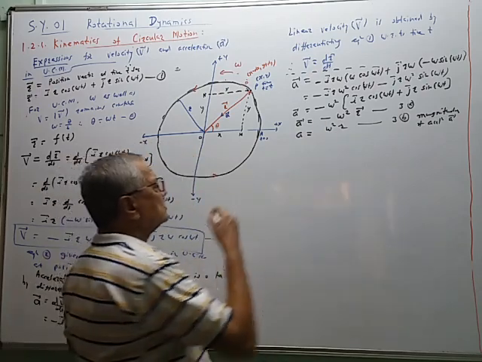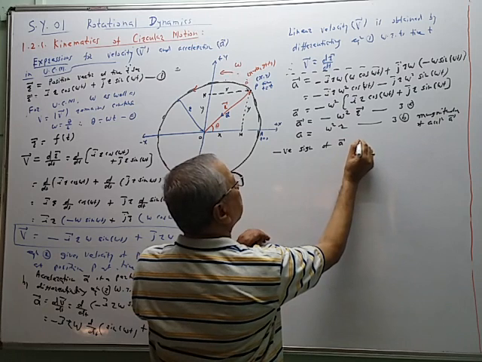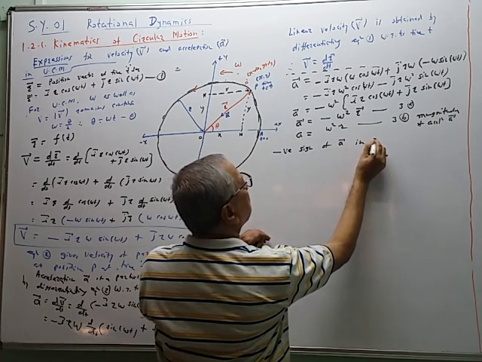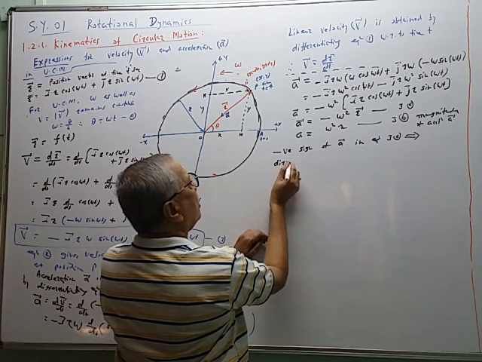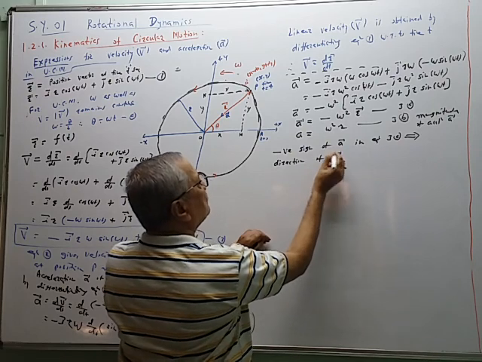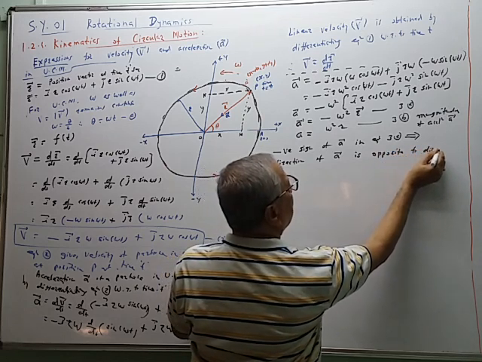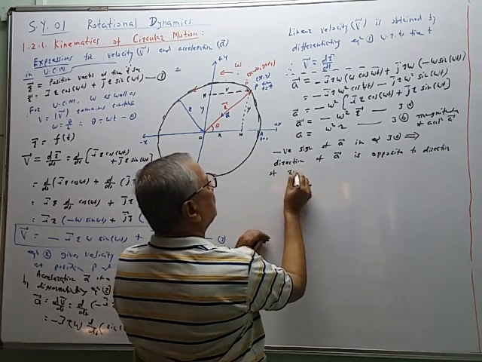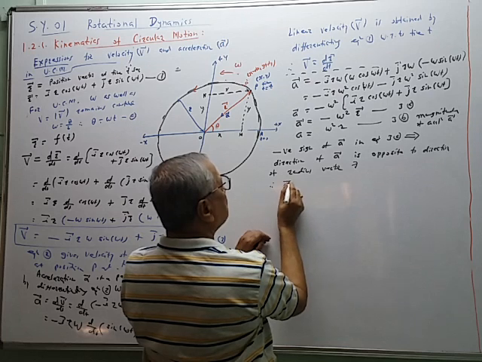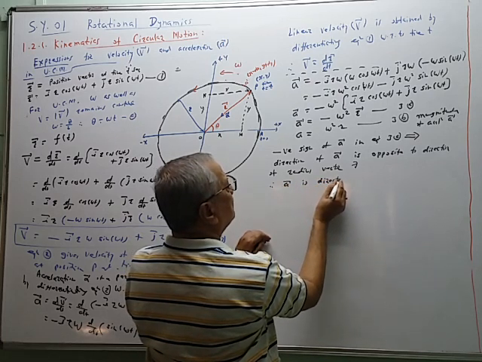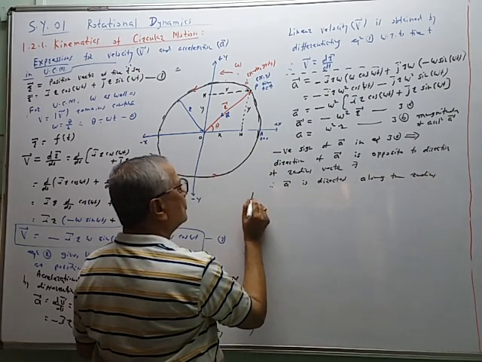So the meaning of the minus sign is this: the negative sign of A in equation 3A indicates that the direction of vector A is opposite to the direction of radius vector R. R is directed radially outward, therefore A is directed along the radius, towards the center.